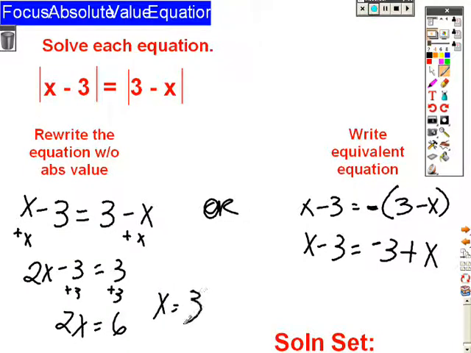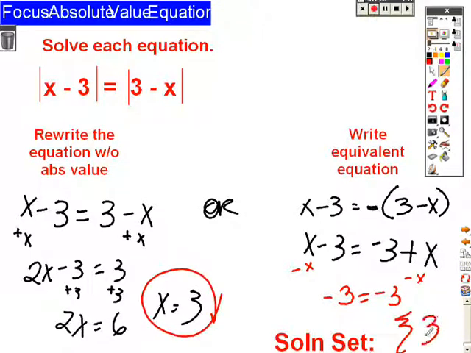X must equal 3. I want to move all of my letters to the left, all of my numbers to the right. So I'm going to say minus x, minus x. X minus x is 0. So now I'm going to have negative 3 equals negative 3 is a positive 3.